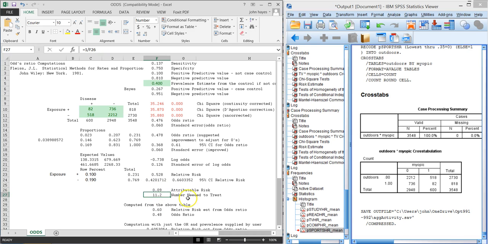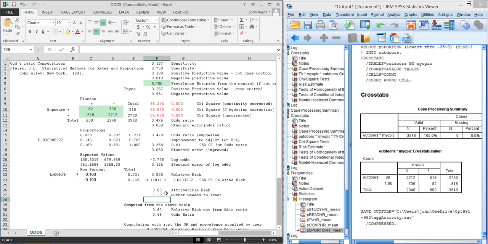And then we have this concept of number needed to treat, which is the reciprocal of the attributable risk, and that says that basically 11 kids. So if 11 kids are encouraged to go outside, and actually do go outside and spend more than 35% of their free time outdoors, you will get one kid that is saved from myopia.